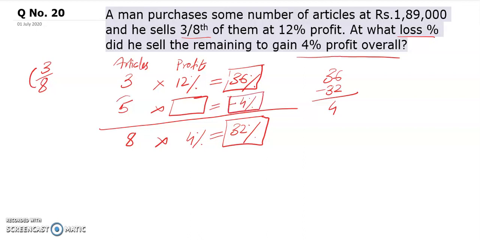Now 5 into dash will give us minus 4%. It will be minus 4 by 5. Or if we divide this by 5, 5 8s are 40. So we can say the loss percent is 0.8%.